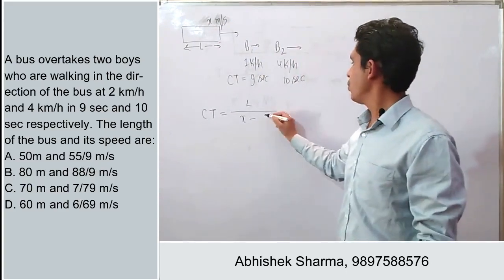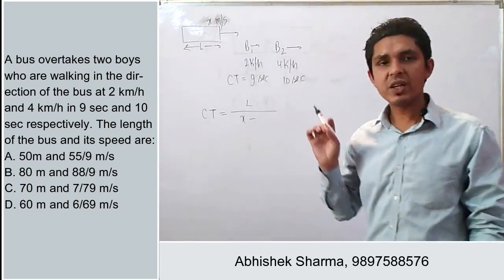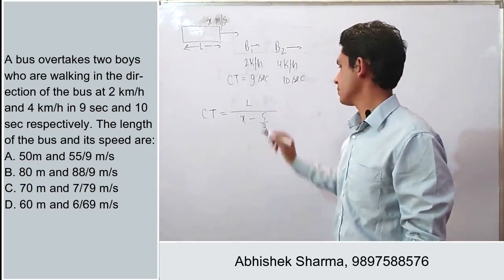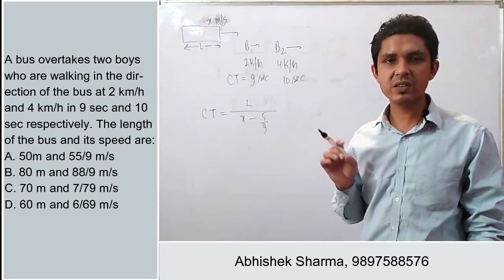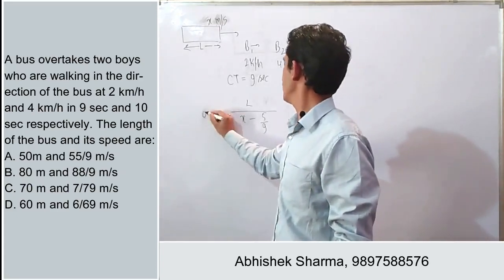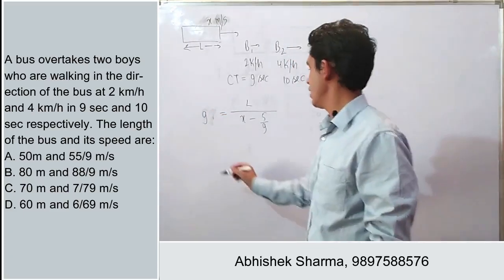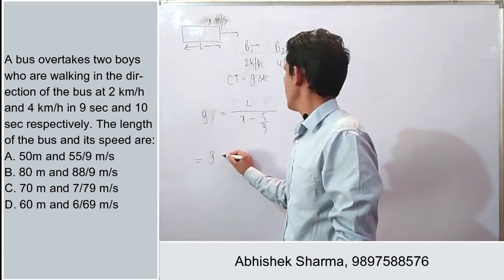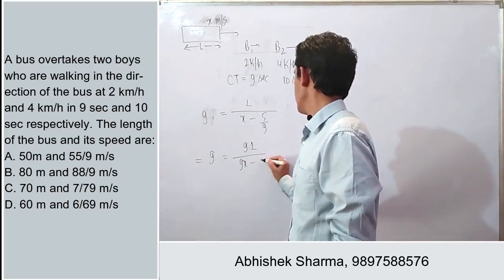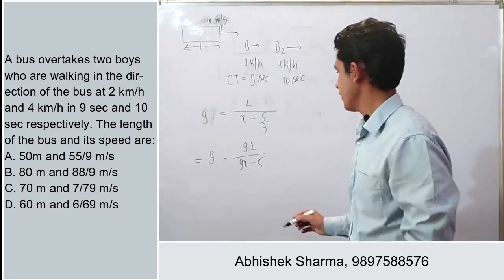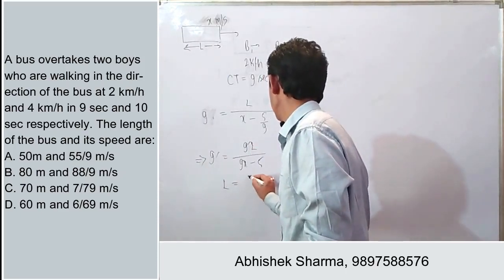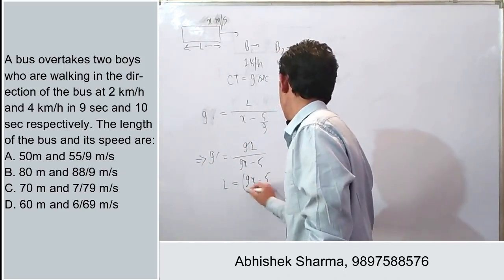So 2 km per hour multiplied by 5 by 18 gives 5 by 9. And the crossing time is already given, 9 seconds. So when solving, 9 is equal to 9L divided by 9x minus 5, right? And further solving, the value of L will be 9x minus 5, right?